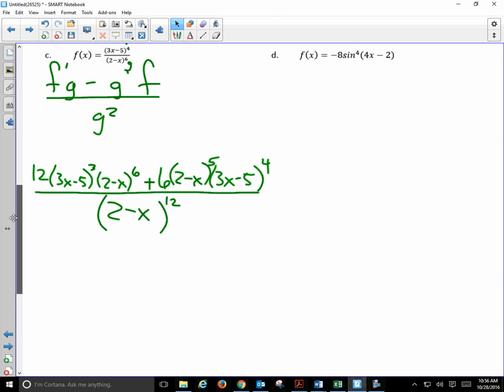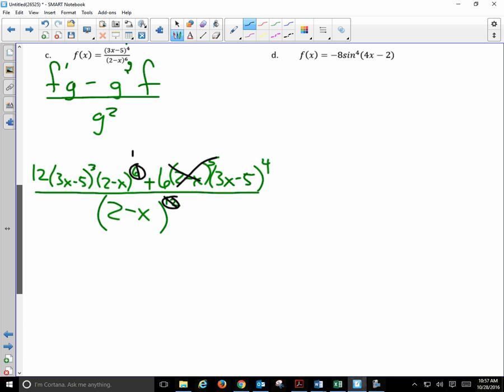Now, I want to simplify this, and if I'm going to simplify this, I have to look for a common factor that's going to cancel out. What common factor cancels out here? 2 minus x. How many 2 minus x's will cancel out? 5. So these will all be gone. This is going to reduce to 1.